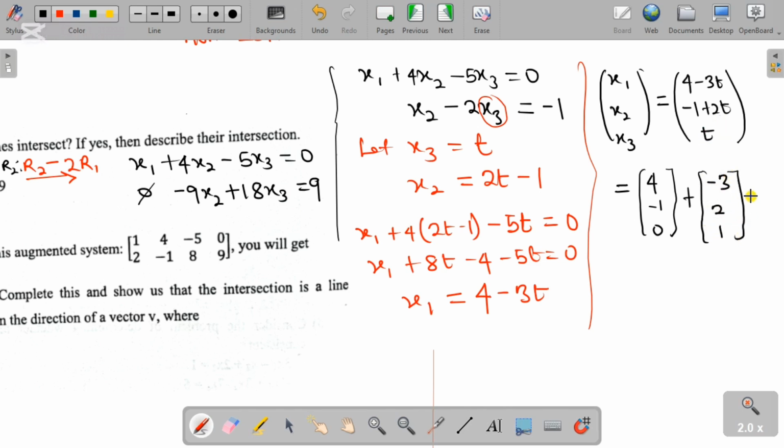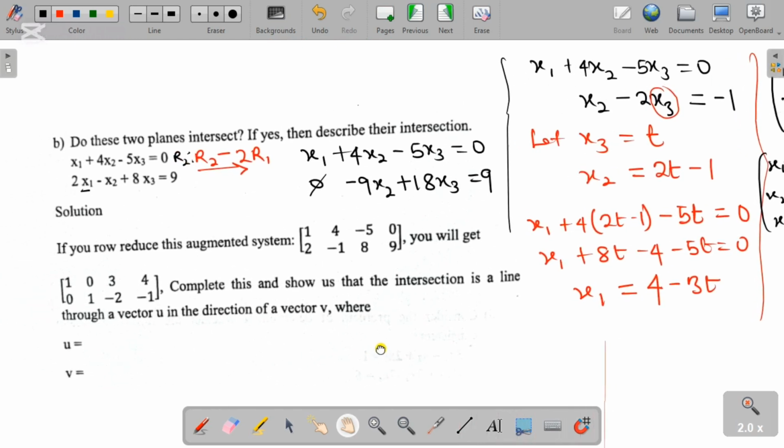So behind it I will now have t outside, and these are the values for your x1, x2, and x3. Okay, so now you can see that we've been able to express this system as a linear combination of vectors, and there are 2 vectors here, which is 4, minus 1, 0, and minus 3, 2, 1, and our x. So from there we can now begin to come back to the question.